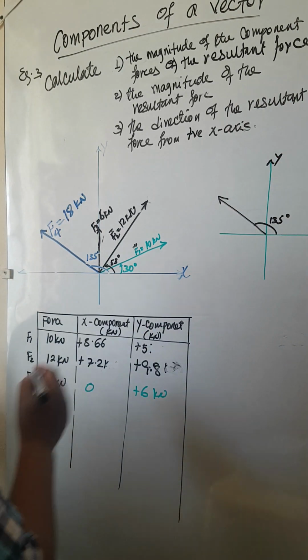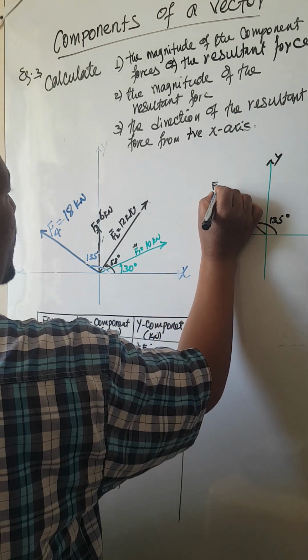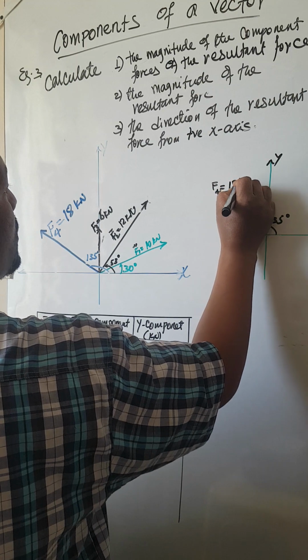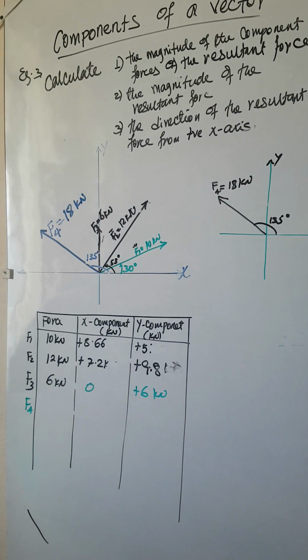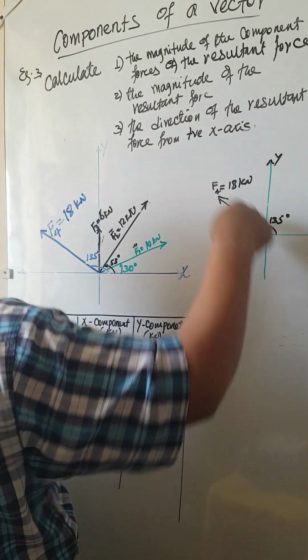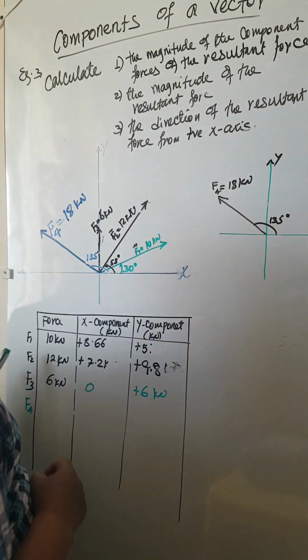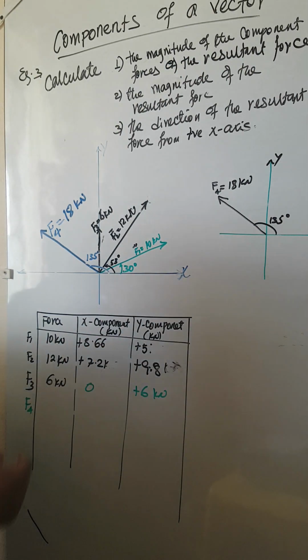F4 is 18 kilonewton. Now, logically, the y component of this is positive, and the x component of this is negative.